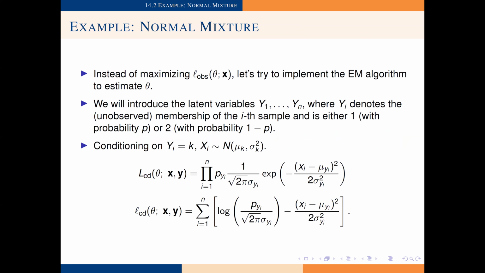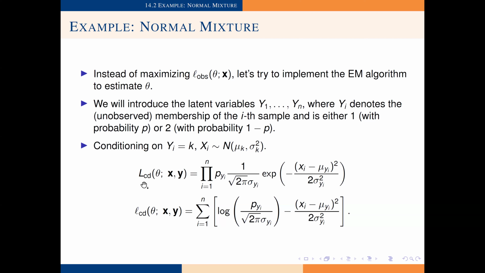However, we saw that we can work instead with the complete data likelihood, which includes not only the observed x's, but also the latent group memberships, yi's. In this case, the complete data likelihood is given by the joint distribution of y, the group membership, and the x's, given theta.